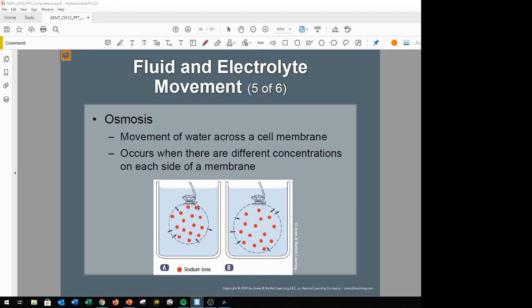Osmotic pressure. Are we already there? Let's see, we talked about diffusion, we talked about filtration, we talked about active transport. We just talked about osmosis and the difference between osmosis and diffusion.